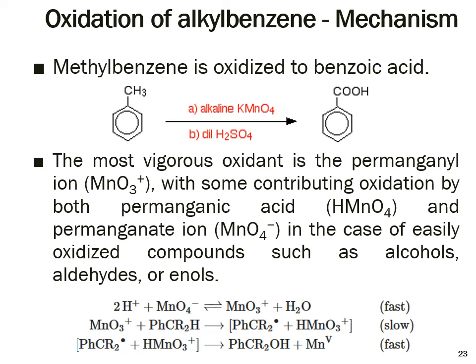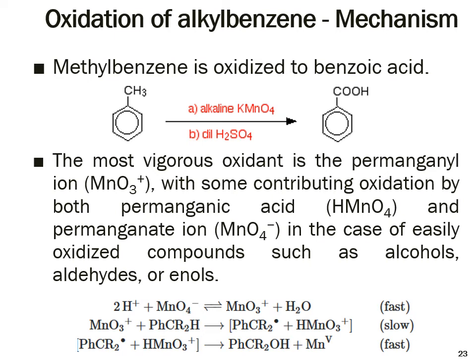So this step will leave a radical where the alkyl benzene has lost a hydrogen, and now this place is vacant for an oxygen to take up. So this has generated a species which is the permanganic acid HMnO3 positive.